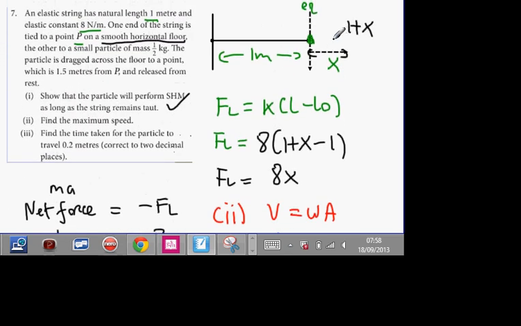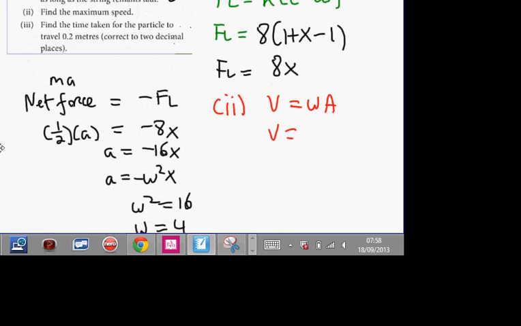So guys, what's the amplitude of the motion? 0.5, because it's released 0.5 away from equilibrium. Amplitude is always defined as how far you released the particle from equilibrium. So it's going to be 4 times 0.5. This means that v will equal 2 m/s.